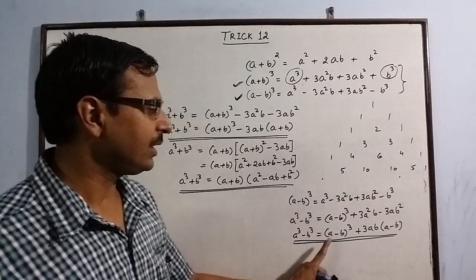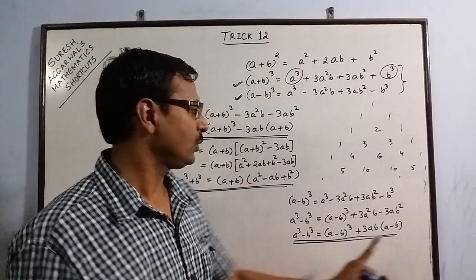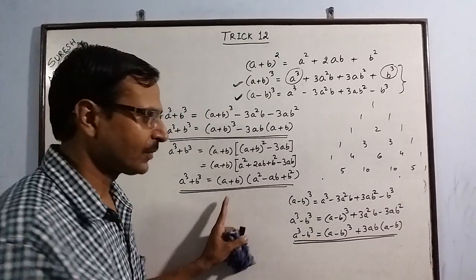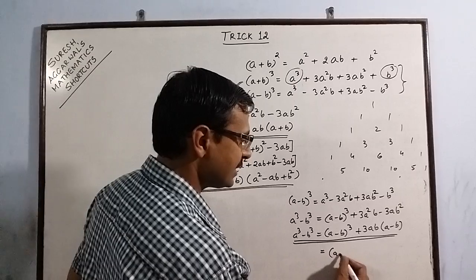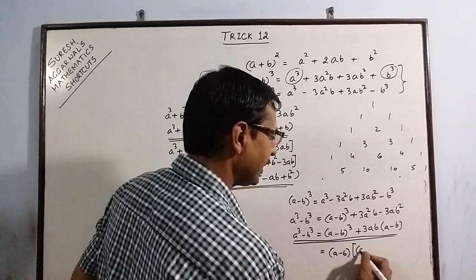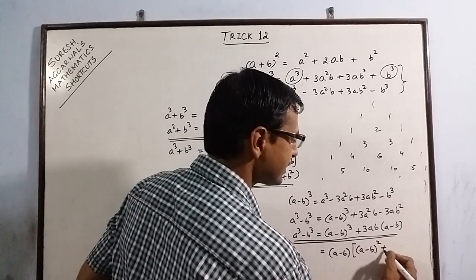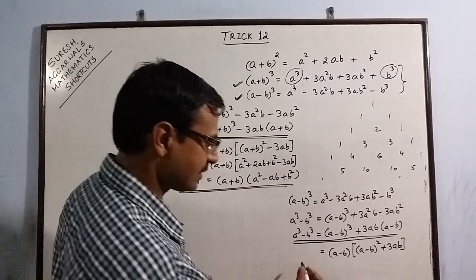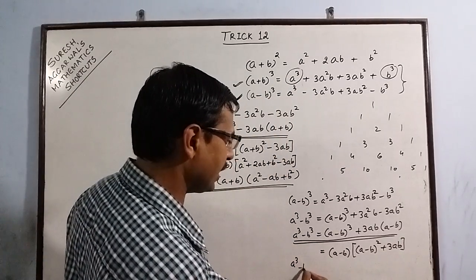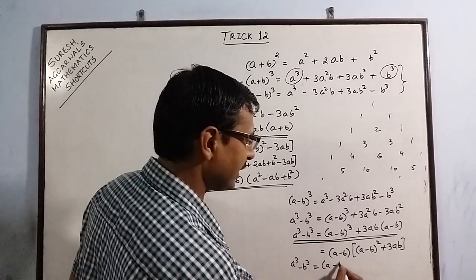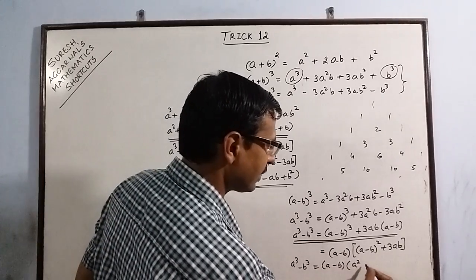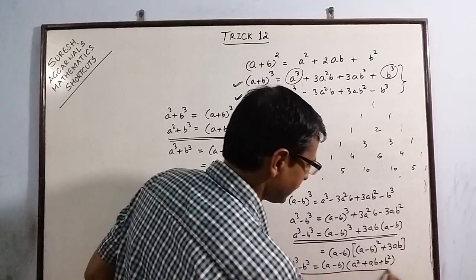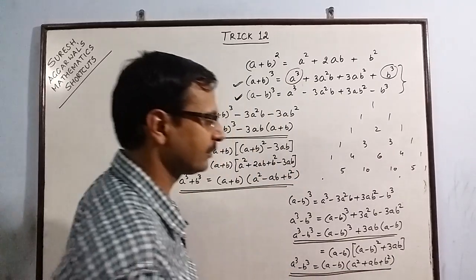Now if you take (a - b) common here, you can find out one more identity in factor form. (a - b) is common, so we are left with (a - b) whole square plus 3ab. So when you expand this, you have one more identity. a cube minus b cube is (a - b)(a square plus ab plus b square), which is the fourth identity we are looking for.